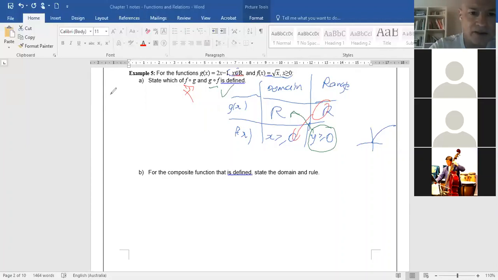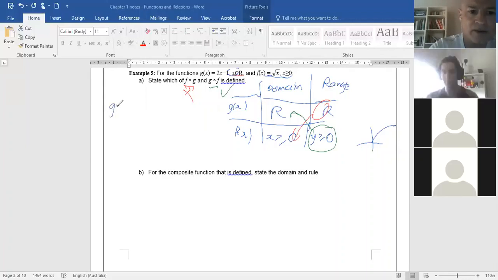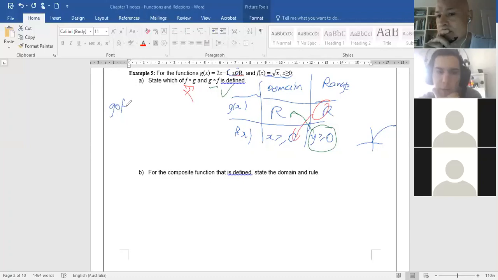So fog. Does it always matter between x and y? Sorry? You know how fog is not defined when it comes to x greater than 0, but when it's y greater than 0, it's defined? No, f of g is not defined because I'm looking at the range of g, and the range of g is reals, okay? And the range of g has to be a subset of the domain of f.